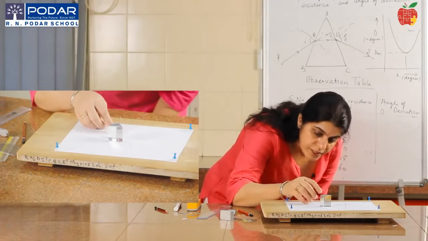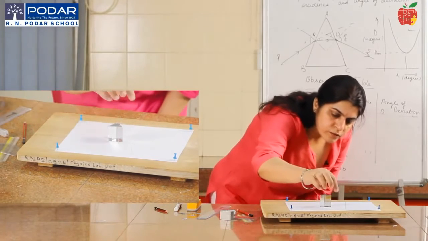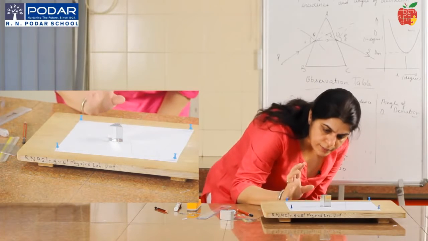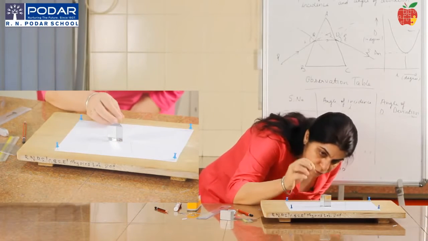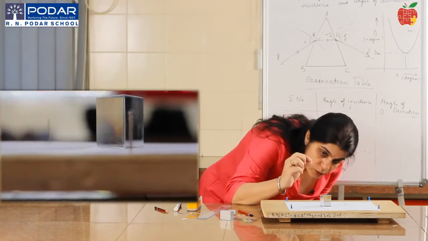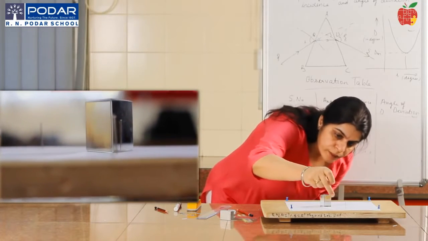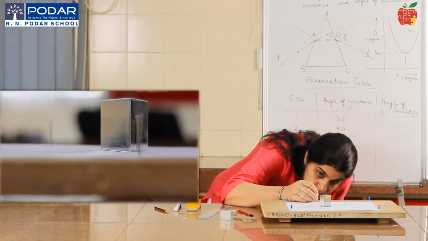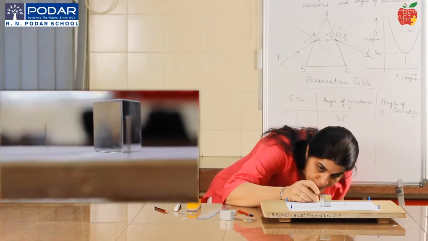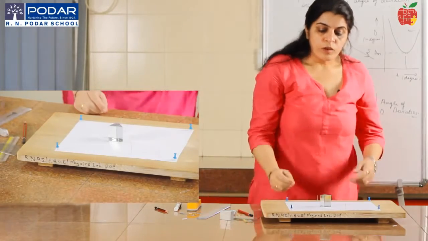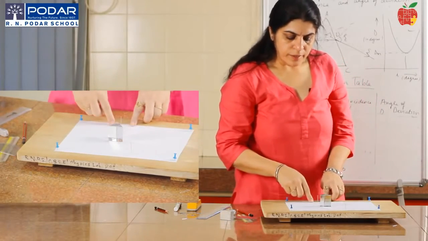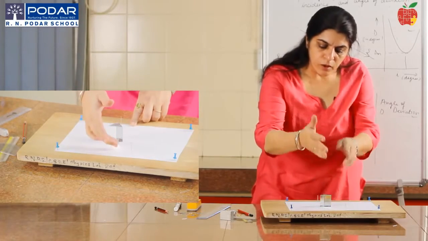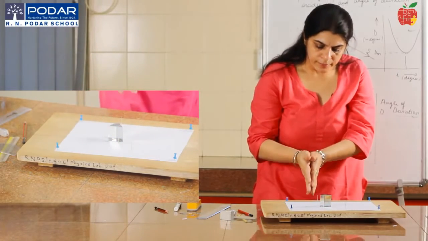Fix it at that point. Then take the fourth pin in such a way that the images of the two pins, the third pin and the fourth pin all lie in the same straight line.